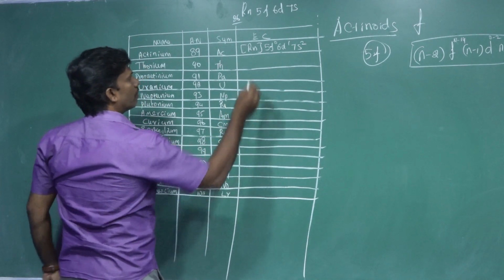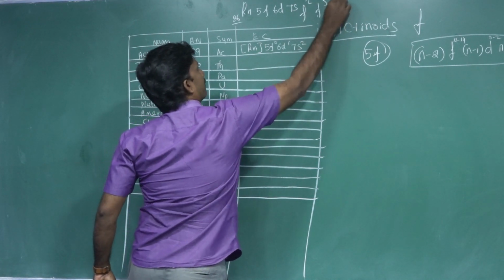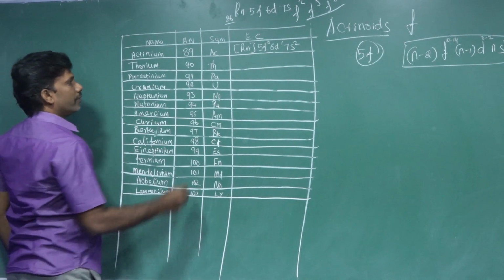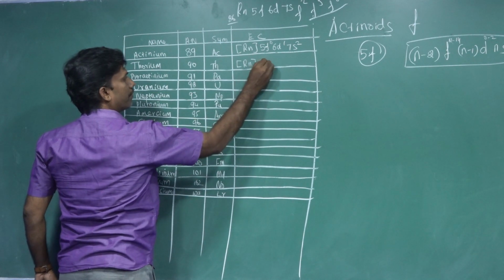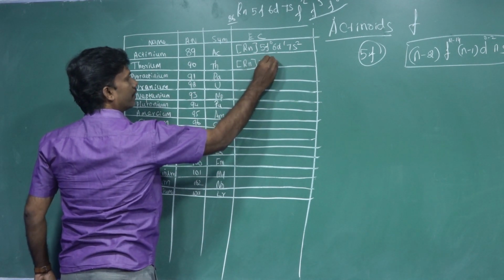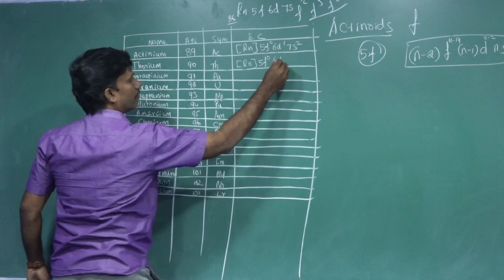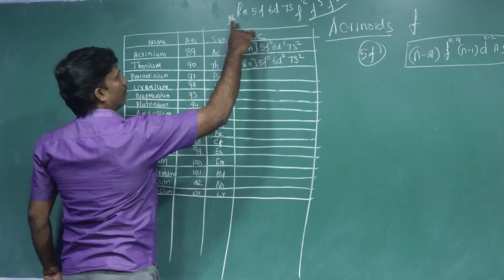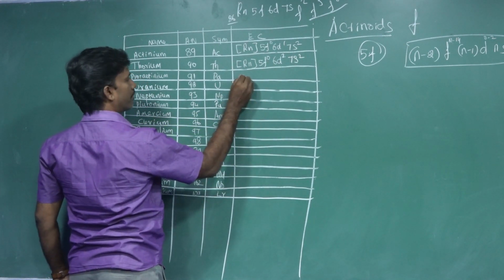Before that, you should know that in actinides there is no f2, f5, f8 in some cases. So for thorium, radon 6d2 7s2. Then protactinium.